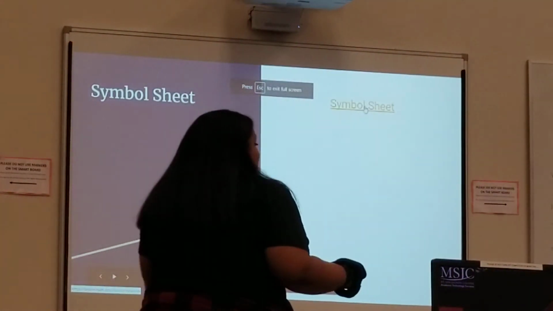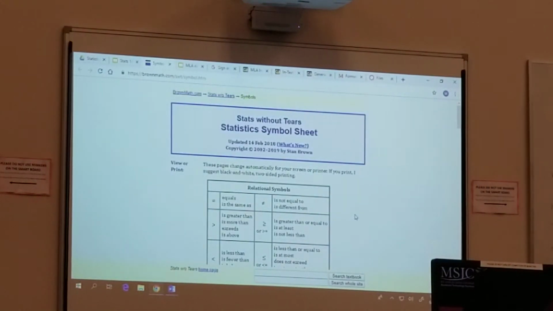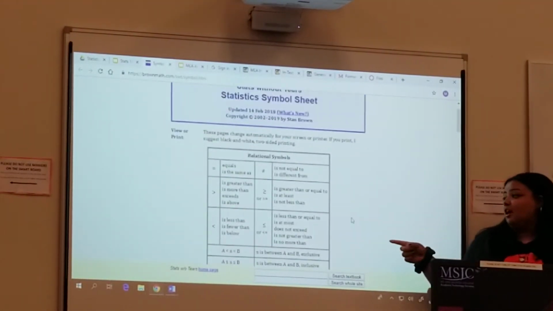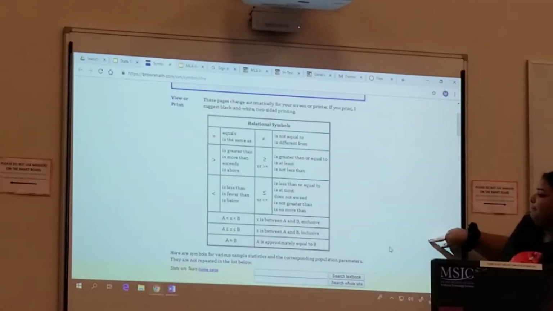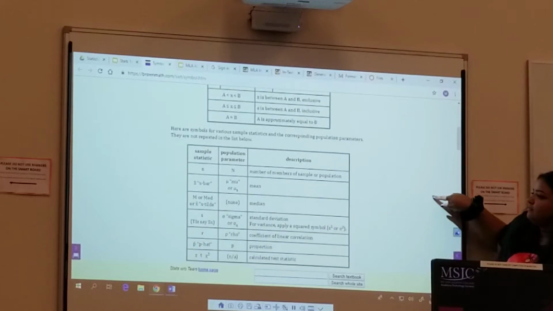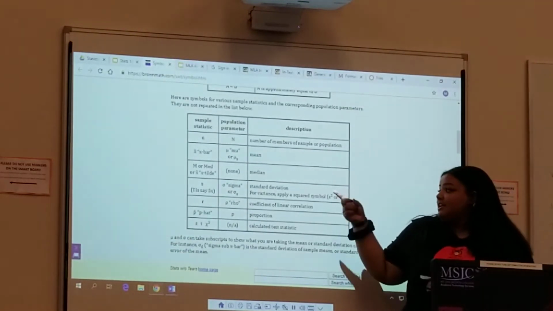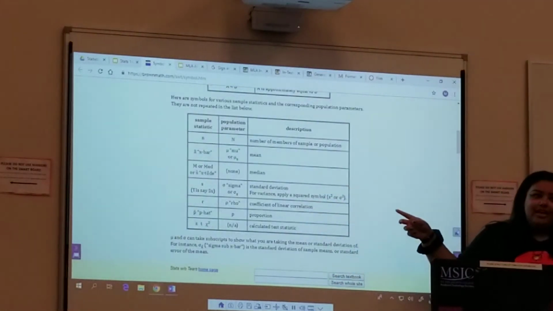Okay, so I found this really cool website with the symbol sheet. Because in statistics, you'll see this a lot, especially the less than, more than. But we're actually running numbers and stuff. Right here especially, a lot of questions about n and the x bar and all of that.